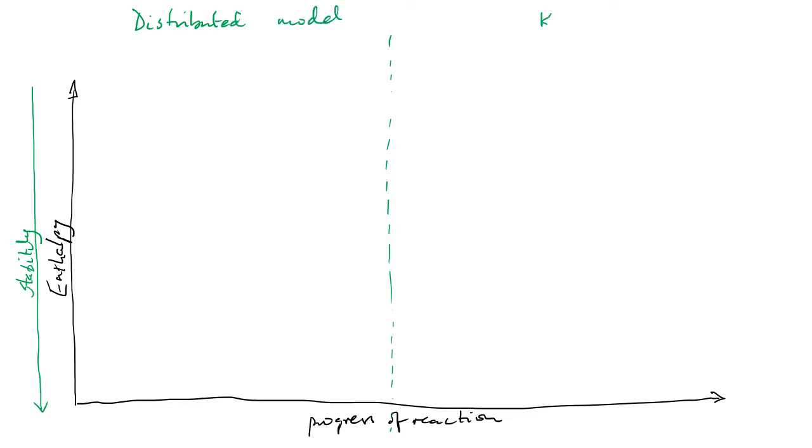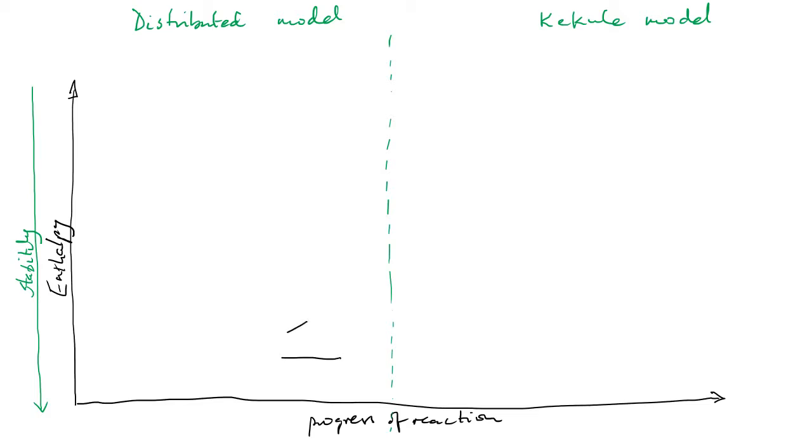And on the right-hand side, we'll do an enthalpy diagram of the Kekulé model. Okay, so let's do delocalised. The final product is cyclohexane in both cases, isn't it?